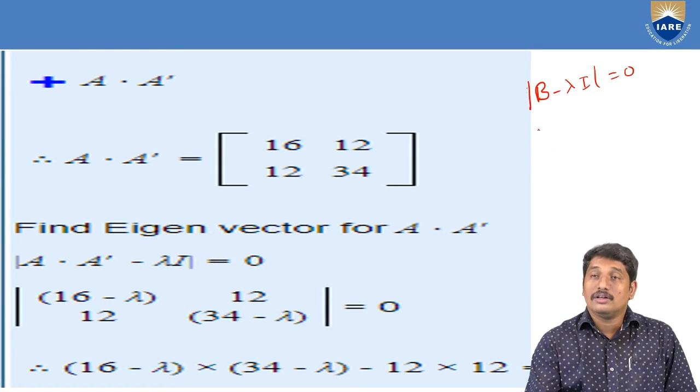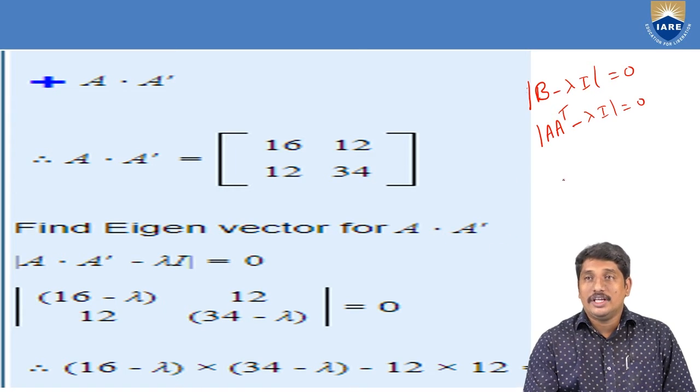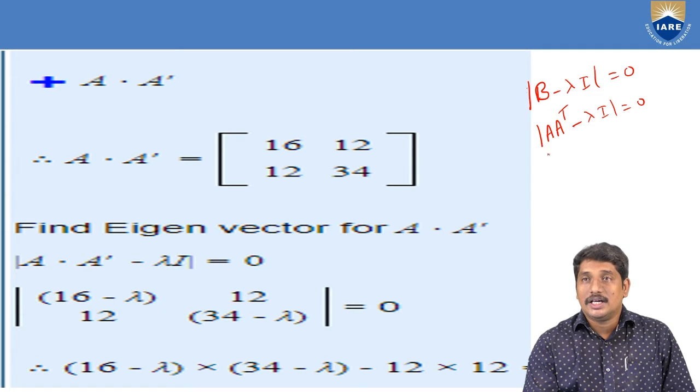So for A into A transpose, we have the characteristic equation det of A into A transpose minus lambda I is equal to 0.